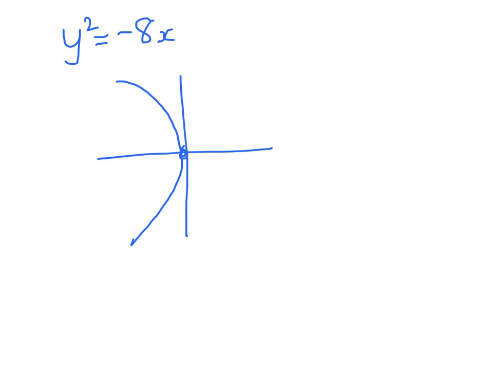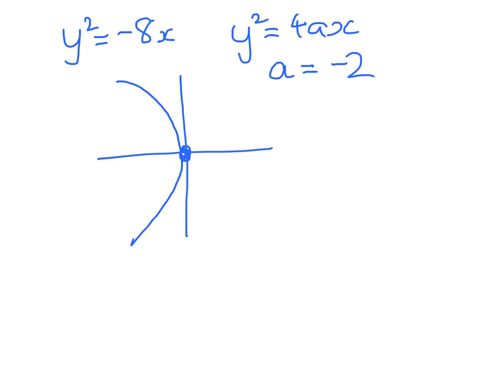Okay, so a bit more practice. So y squared equals negative 8x. Well, this is a different pattern type. This is going to be a parabola that goes like that. There's my origin there. So it's reflected in the y-axis. So we'll write this in the form y squared equals 4ax. So a is equal to negative 2 here.